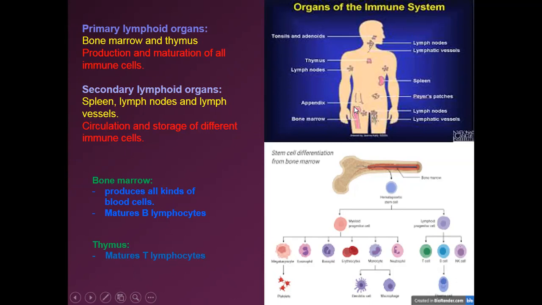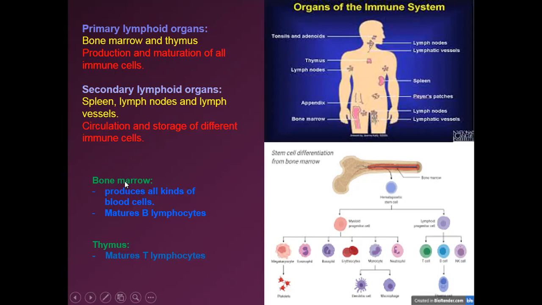The bone marrow exists inside the long bones in all the body and the flat bones, for example, here and here. There is bone marrow, and the thymus is in the center of the chest. The function of the primary lymphoid organs is the production and maturation of all immune cells.